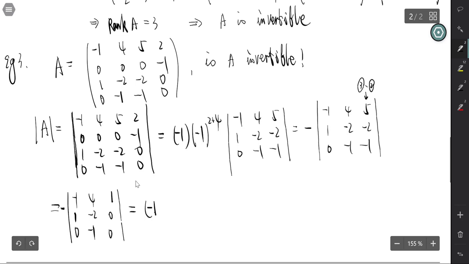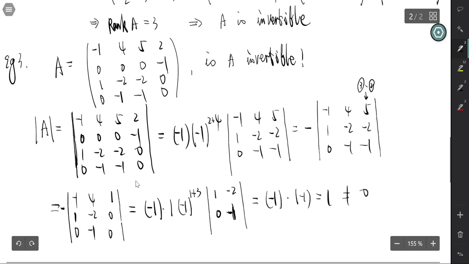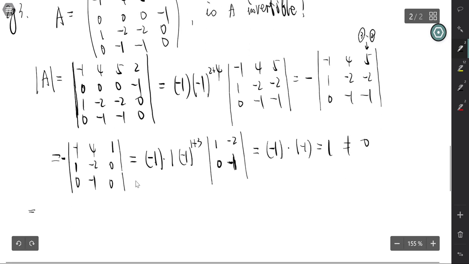It's -1 times 1. That is 1 here times 1 to the power 1 plus 3. And there's 1, -2, and 0, -1 left. So that's -1 times -1. That is 1. Does not equal 0. Because the determinant is non-zero, so A is invertible. That's the inverse matrix.